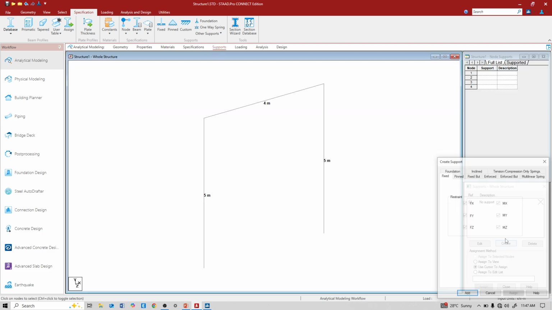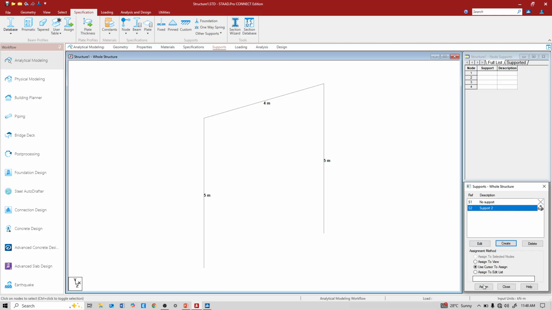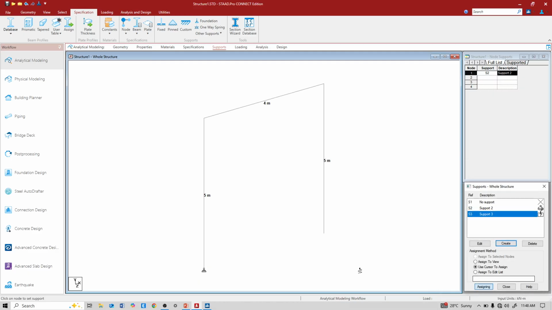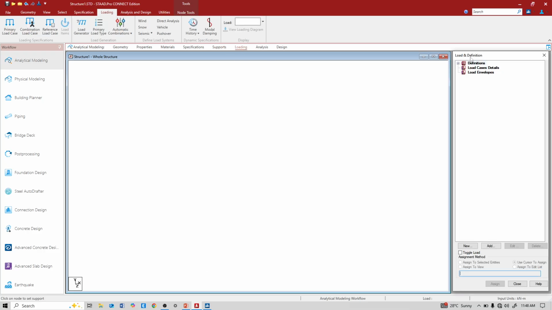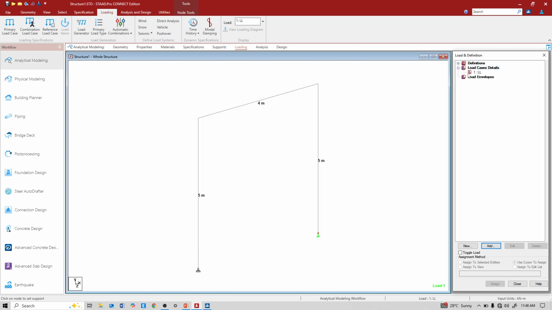Support is one pin support, one roller support. For roller support only vertical reaction comes, all others are released. So now go to loading, load case details, and loading type is live load, add, close.